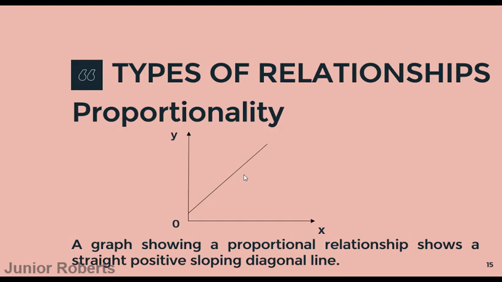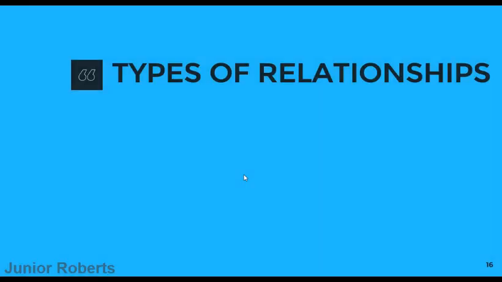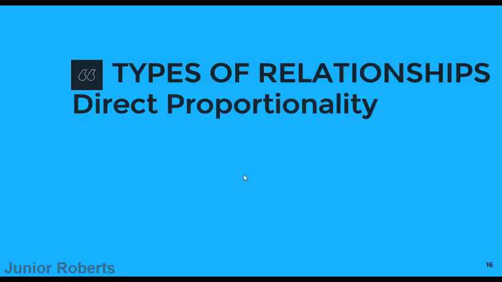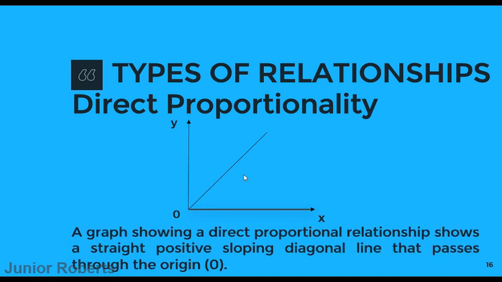Now, the next relationship that we will look at is one that is called direct proportionality. So let's first look at the graph that shows direct proportionality, right? So this is a graph that shows direct proportionality. Now, we say that a graph that shows a direct proportional relationship shows a straight positive sloping diagonal line that passes through the origin, right?